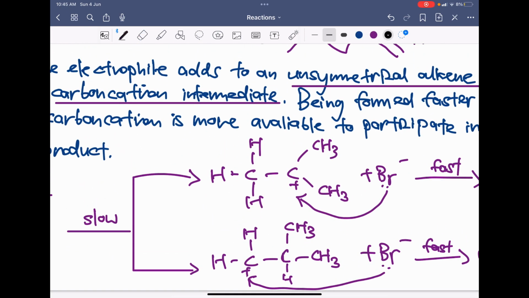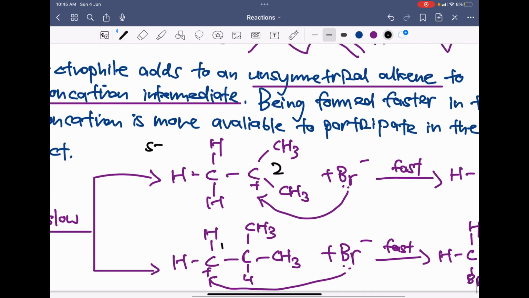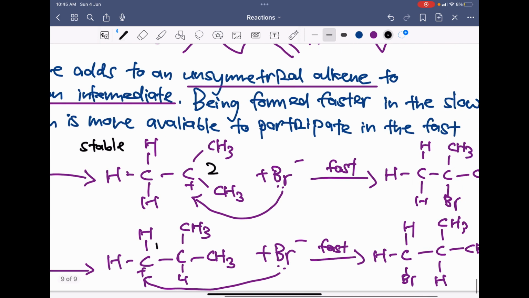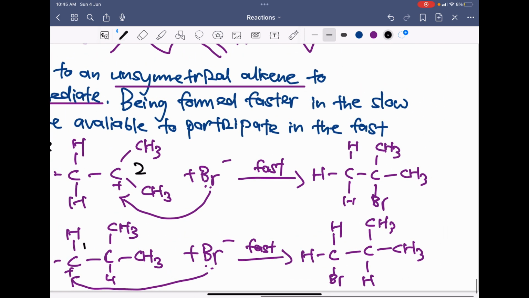This carbocation intermediate has two electron donating alkyl groups attached to it, and this carbocation intermediate has one electron donating alkyl group attached to it. So as such, we will note that this is more stable. When it forms this product, we can figure that this would be the major product, and conversely, this would be the minor product.